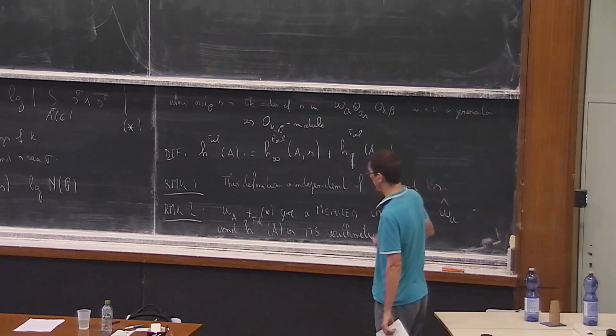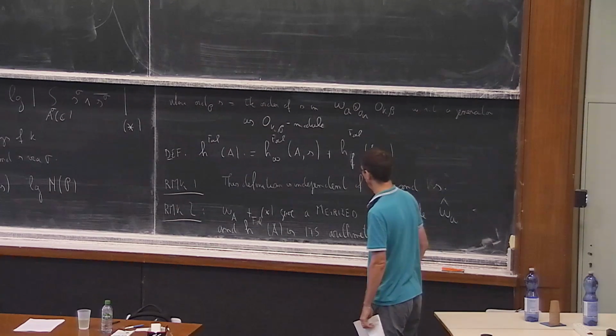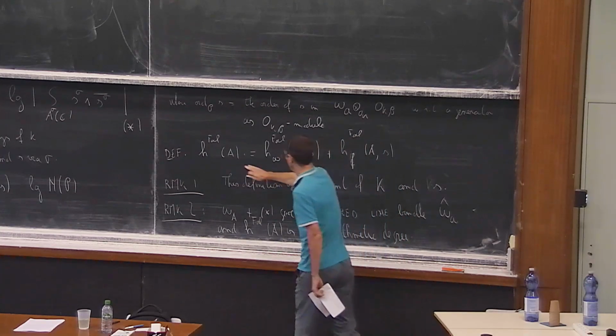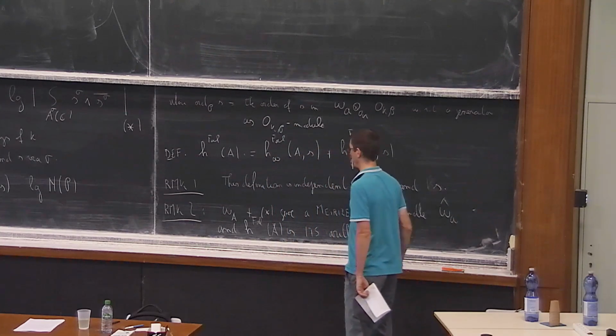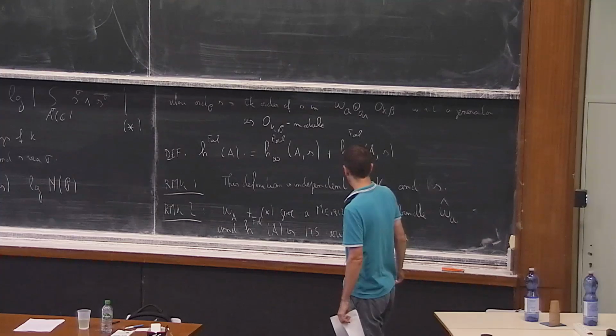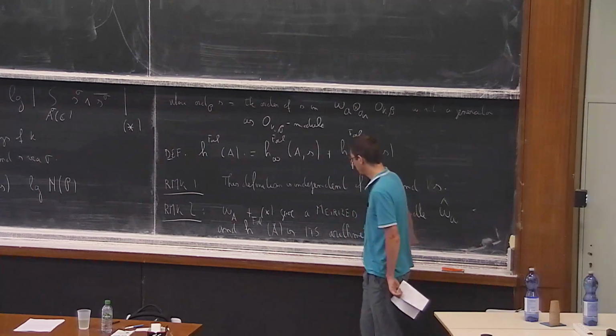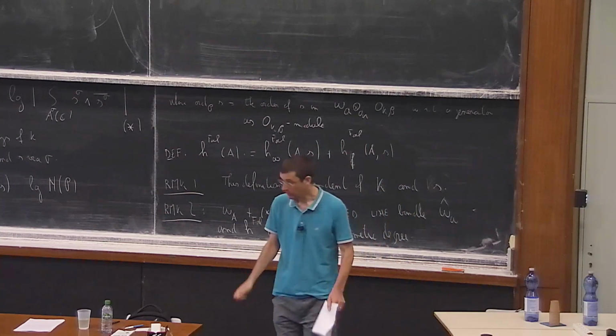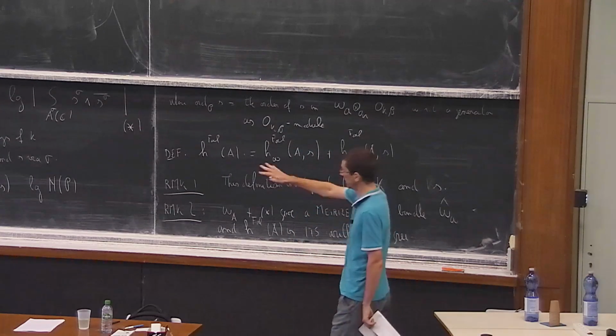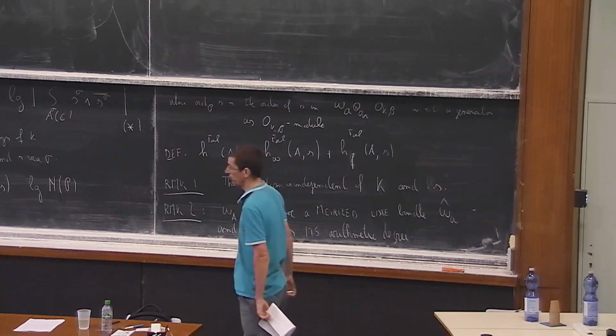That explains actually why remark 1 is true. And the reason why this does not depend on S is by the product formula. And in fact, this arithmetic degree that I mentioned here is computed explicitly exactly in the way that I've chosen to present the material here.